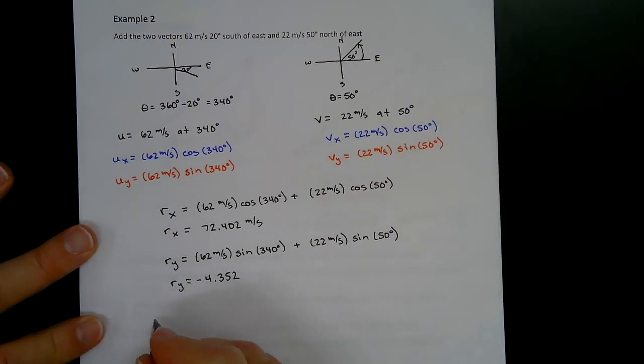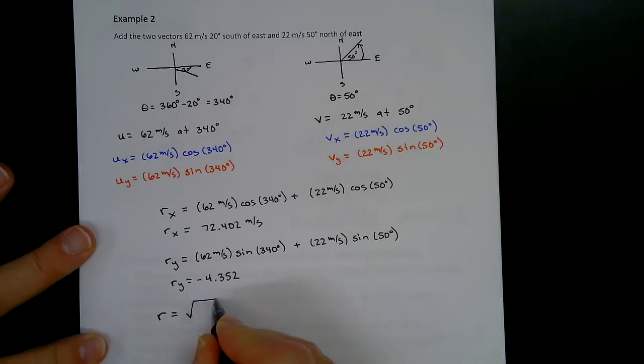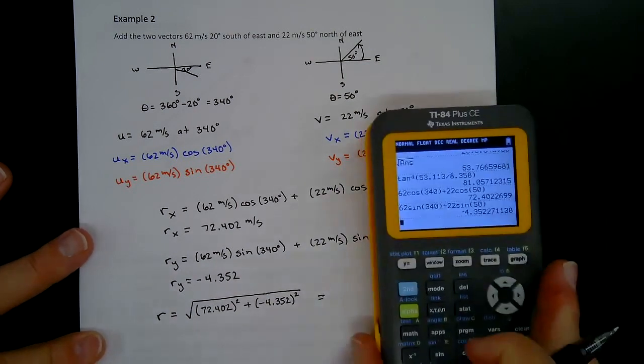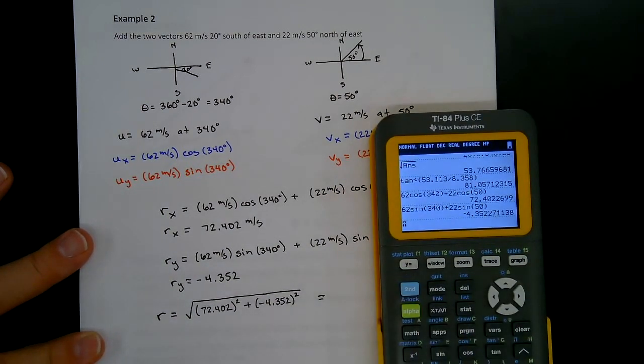Okay, so then the resultant vector r, right, would be the square root of the 72.402 squared plus the negative 4.352 squared. Okay, so that would give you a length once we put it into our calculator. I'm going to just do the whole thing in my calculator.